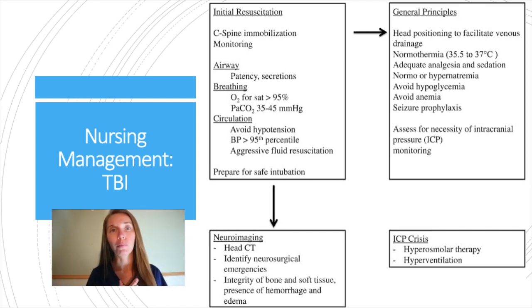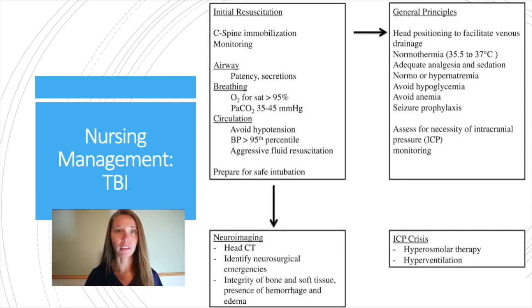You want to pad your side rails. So certain facilities will have pads that you can strap onto the side rails, or you can take blankets and wrap your side rails tightly, because your side rails are usually very hard. And in the event that the patient did start seizing, you would want to protect that patient, protect their limbs and their head, especially if they already have a brain injury.